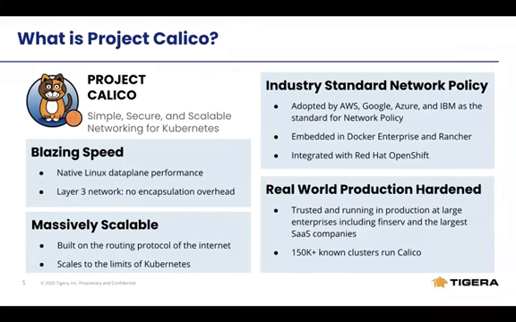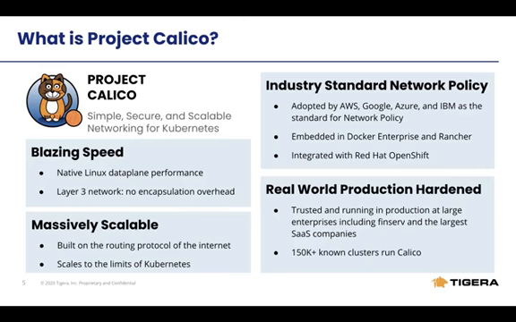Calico is a certified option for all those, and in some of them it is embedded as the default. We've also seen other distros like Nutanix Karbon and Platform9 use Calico out of the box. That's an affirmation of the quality and performance that Calico provides.